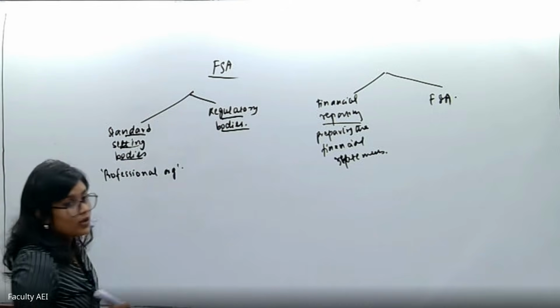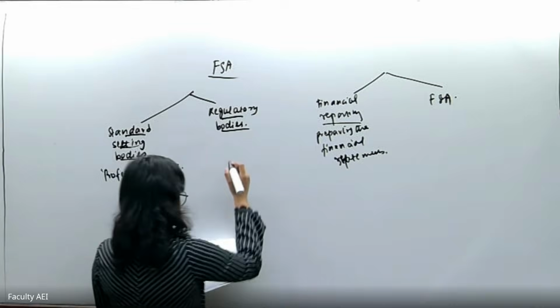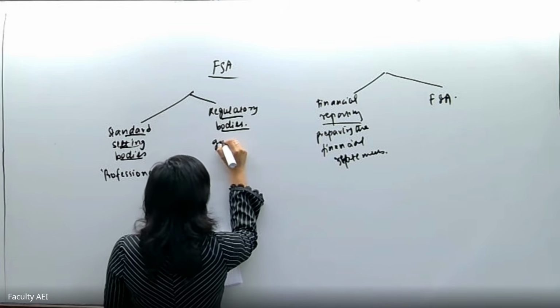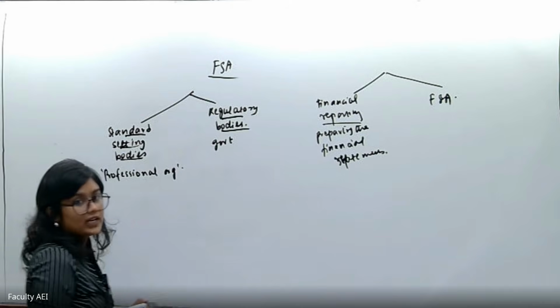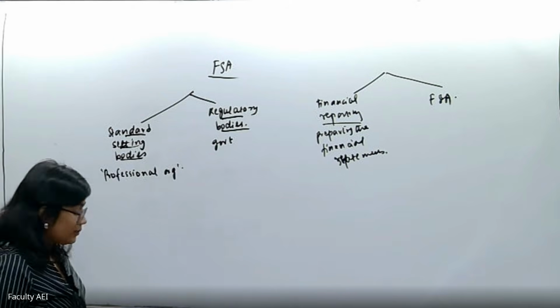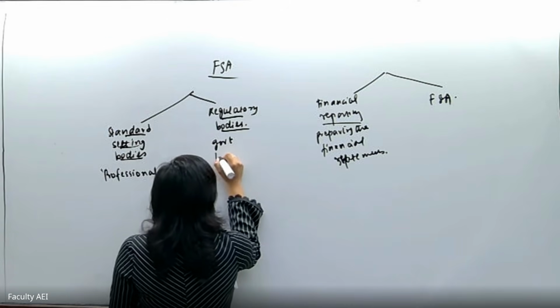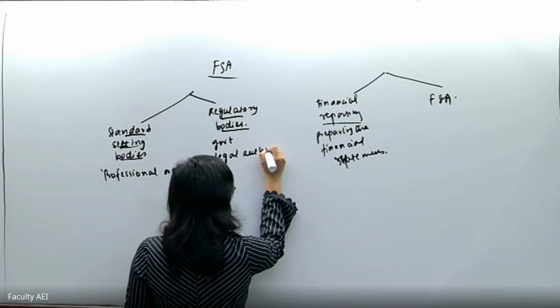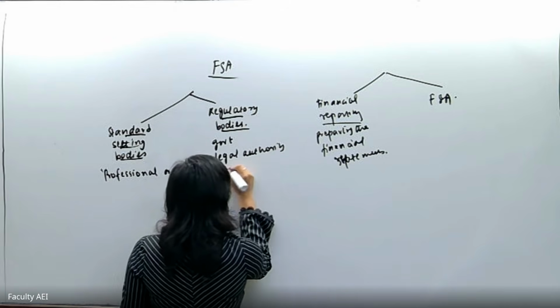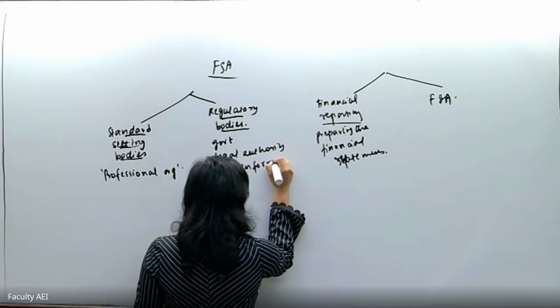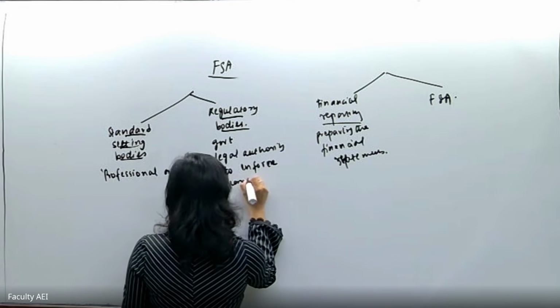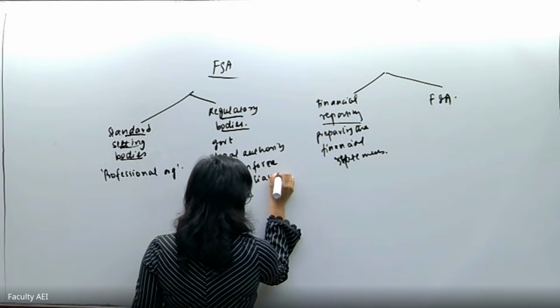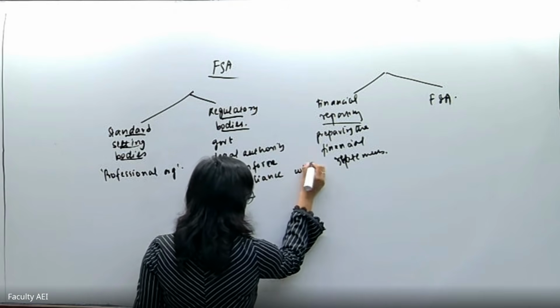Regulatory bodies are responsible for making the regulations. Regulatory bodies are the government organizations who are responsible for making the regulations. They have the legal authority to enforce compliance with standards.